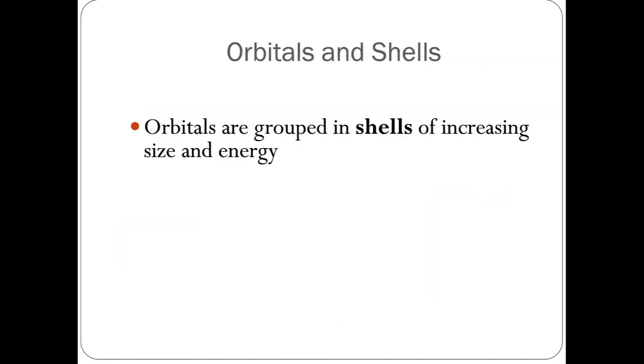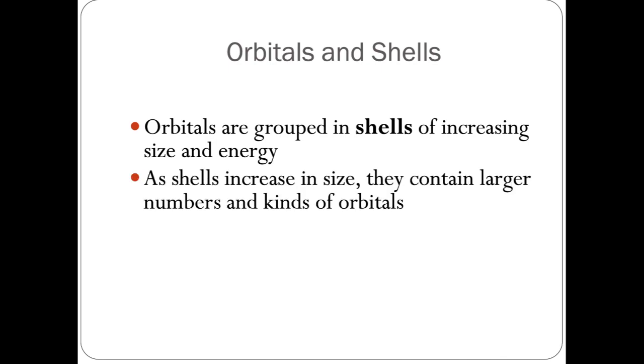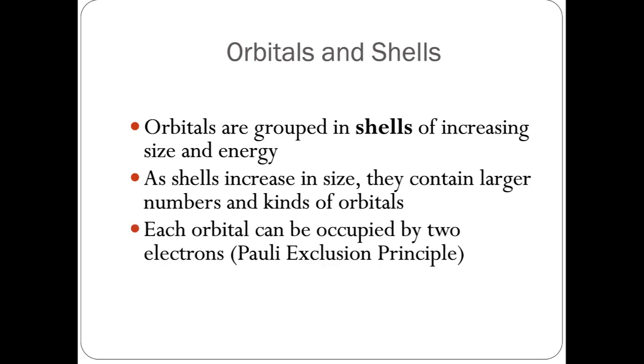Orbitals and shells. Orbitals are grouped in shells of increasing size and energy. As shells increase in size, they contain larger numbers and kinds of orbitals. Each orbital can be occupied by 2 electrons, the Pauli exclusion principle.